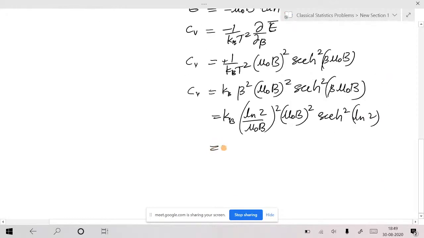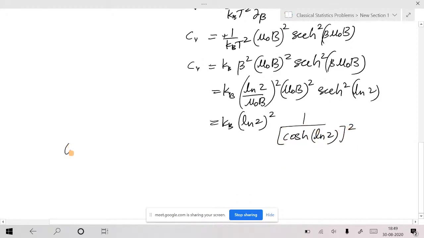Now I think kB ln of 2 the whole square. What is this one? I have to evaluate this one: 1 by cosh of ln of 2 the whole square. cosh x is equal to e power x plus e power minus x, divided by 2.